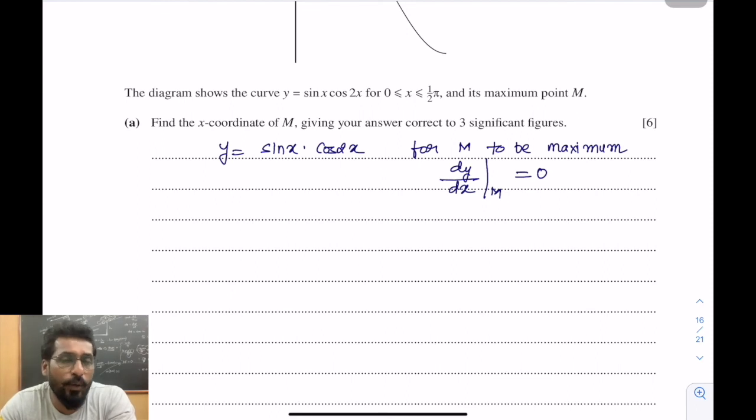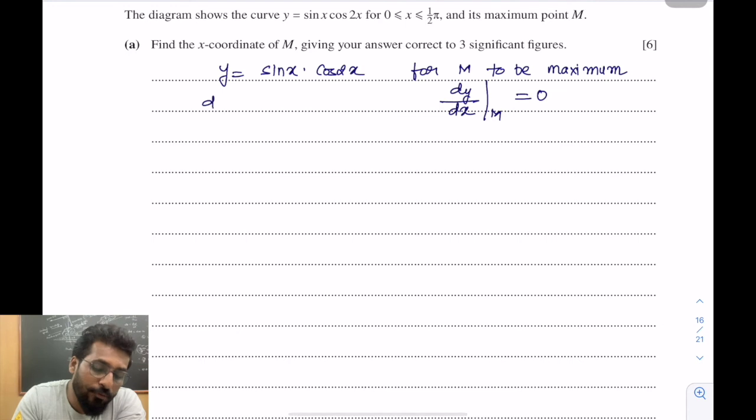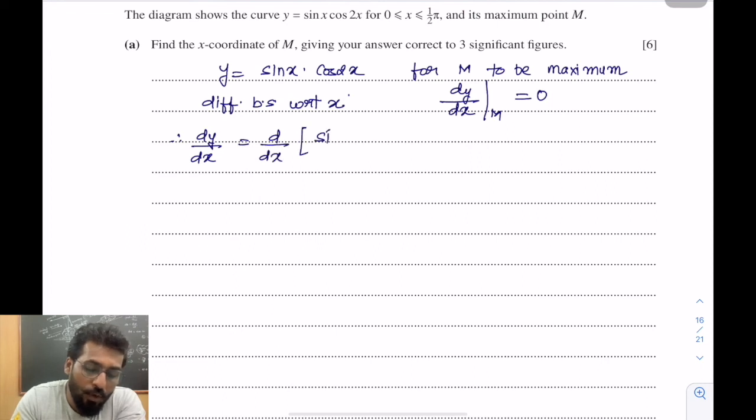So you want to just equate the derivative with 0. dy upon dx must become equal to 0. So I'm going to differentiate both sides with respect to x.